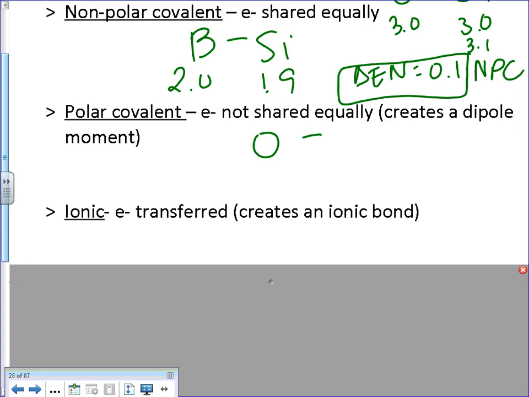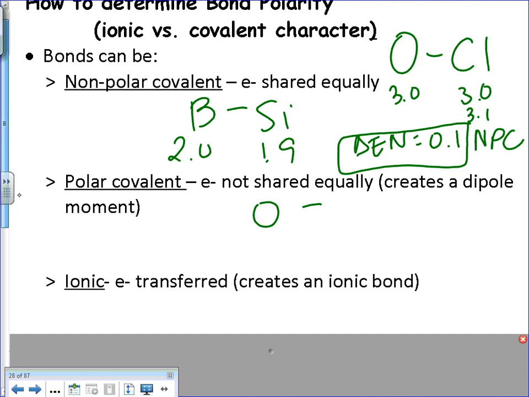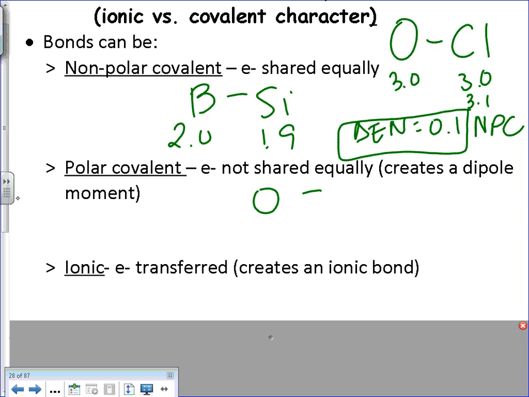Oxygen and... Oh, so oxygen's a 3.5? Did I just say oxygen? I couldn't read. Mine is really hard to see. That is a 3.5, by the way. How about we make this nitrogen and oxygen, and chlorine.